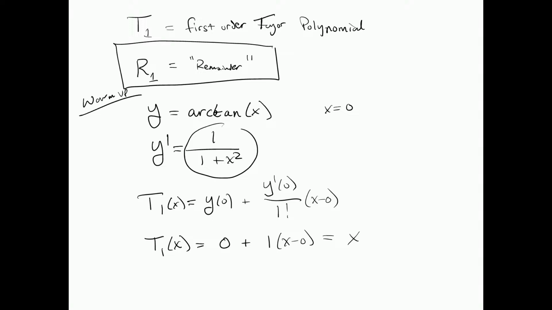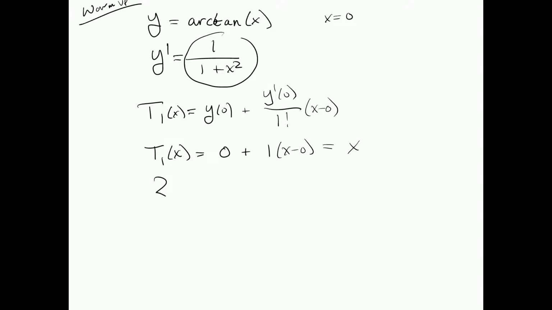You know it, Grayson? Yeah, it's the next term. That's basically it. So the remainder is the next term. The next term is y double prime over 2 factorial times x minus 0. Now, hold on a minute.